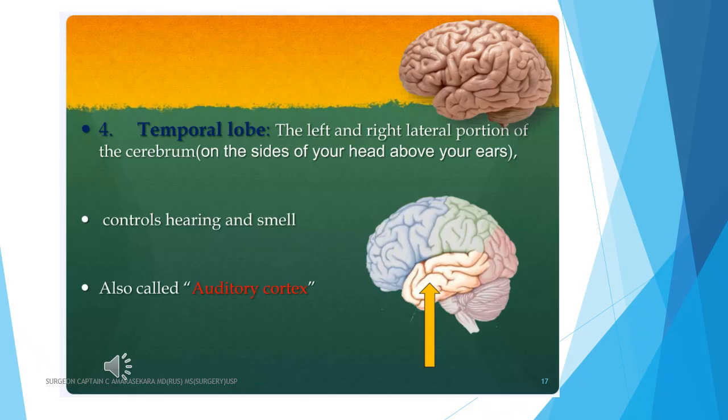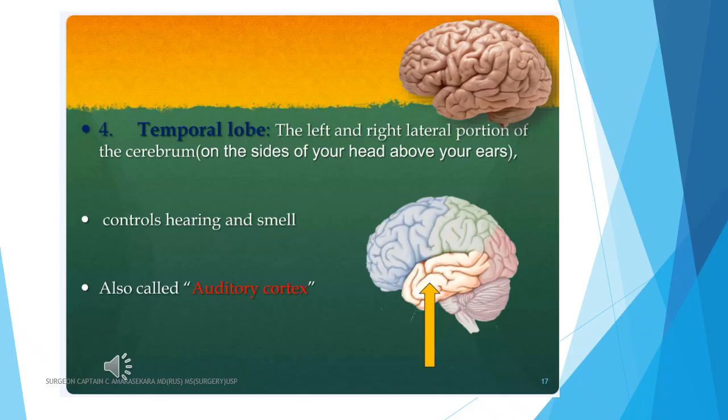So in a clinical scenario, what is Wernicke's aphasia? You will have fluent but nonsensical speech, impaired comprehension. Likewise, temporal lobe lesions can cause deja vu, olfactory hallucination, or automatisms.